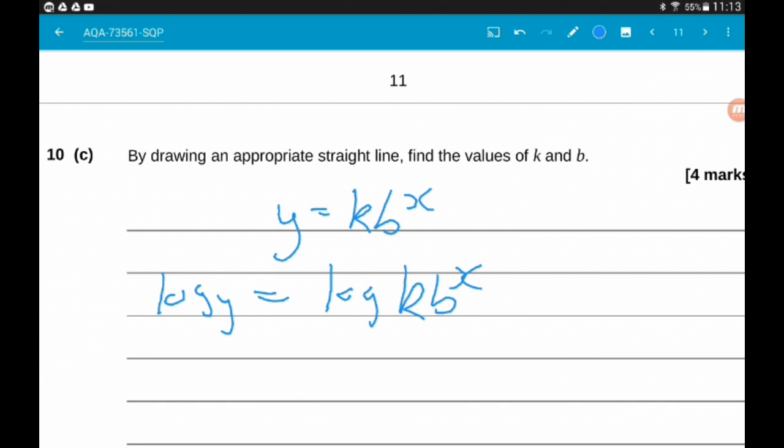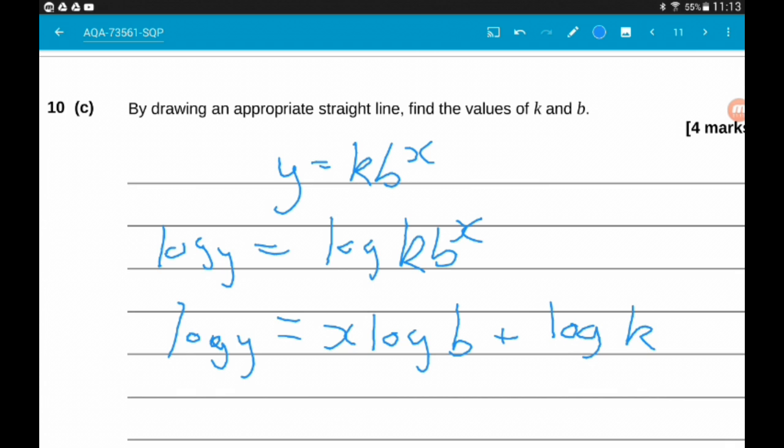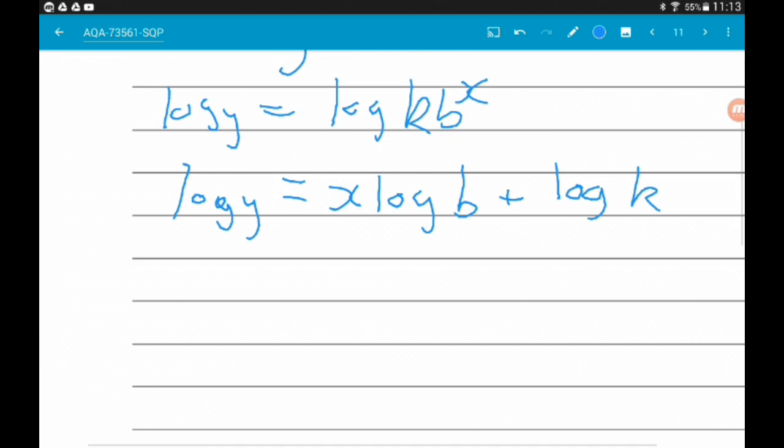Now we've already seen this earlier in the video. This can be written as log y is equal to x log b plus log k. So what are we finding here then?